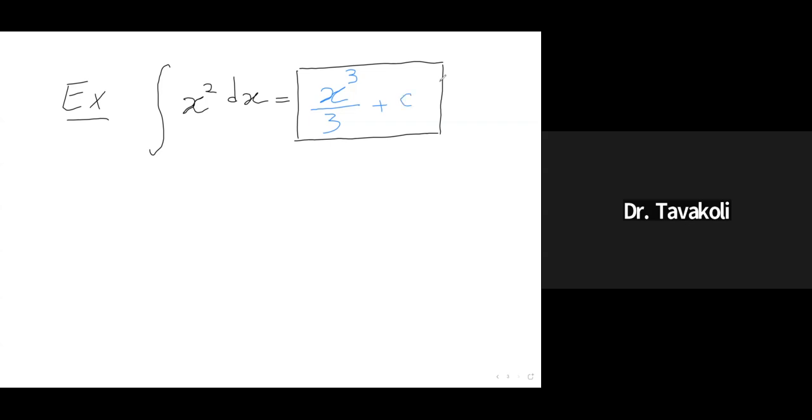As you have seen in Calc 1, for the indefinite integrals, there is a plus a constant at the end, showing that the answer is not just one function, but a class of functions. So when I write this, it includes all the functions of the form x cubed over 3 plus some constant. That constant could be positive, negative, or 0.